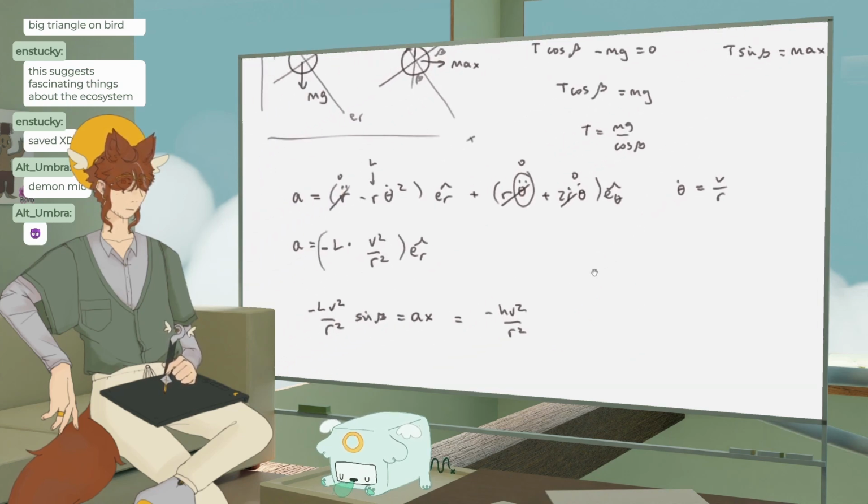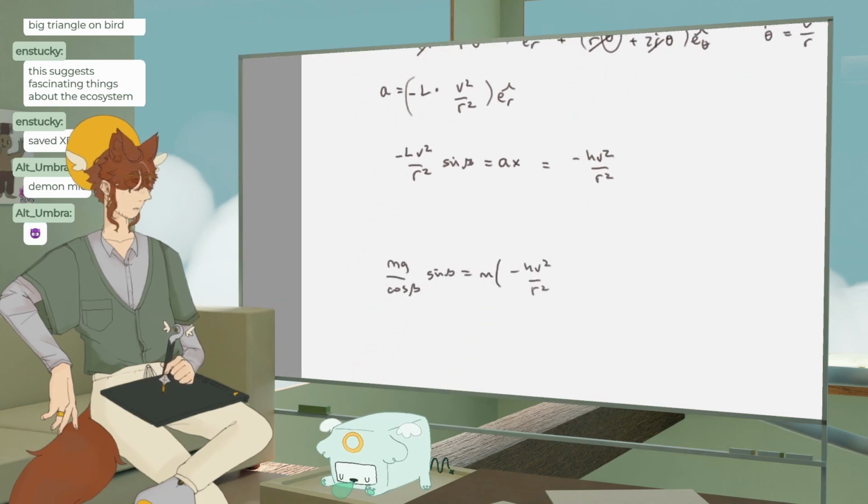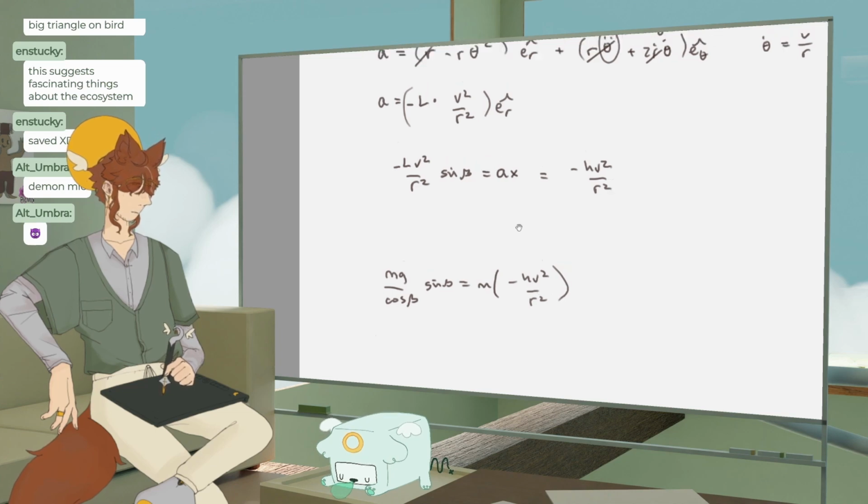So, okay, we've got all our ingredients. mg over cosine beta, times sine beta, equals m times negative h V squared over R squared, which I guess is just omega squared.